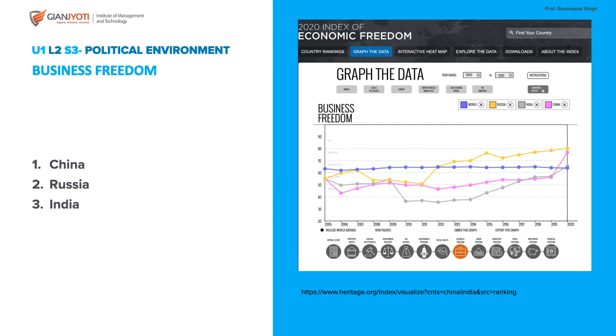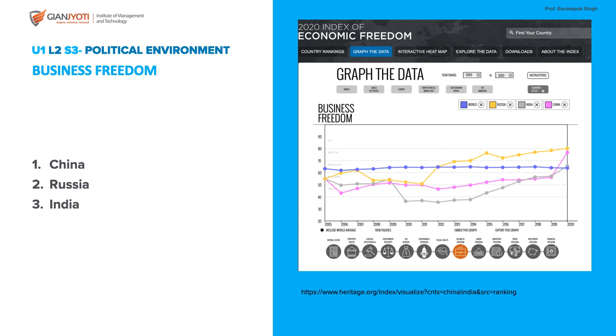Now it is very important to visualize this comparison through some graphs. I would strongly recommend that you go to this URL which is given at the bottom, which is heritage.org. So you can have a very good interactive map where you pick any country or two countries, compare them and compare them with the world average.